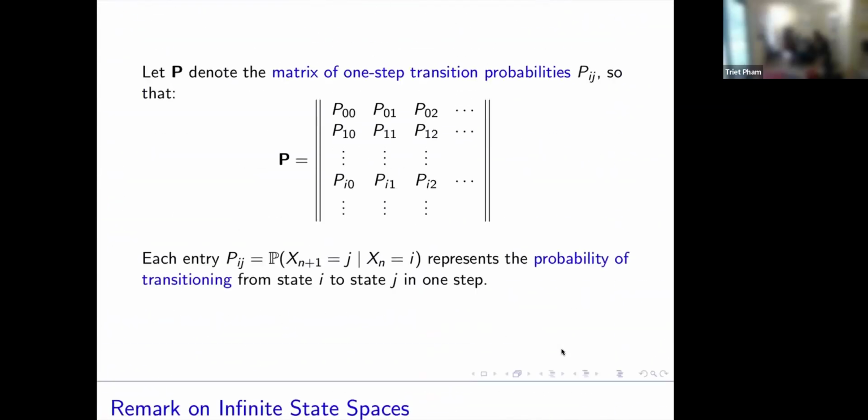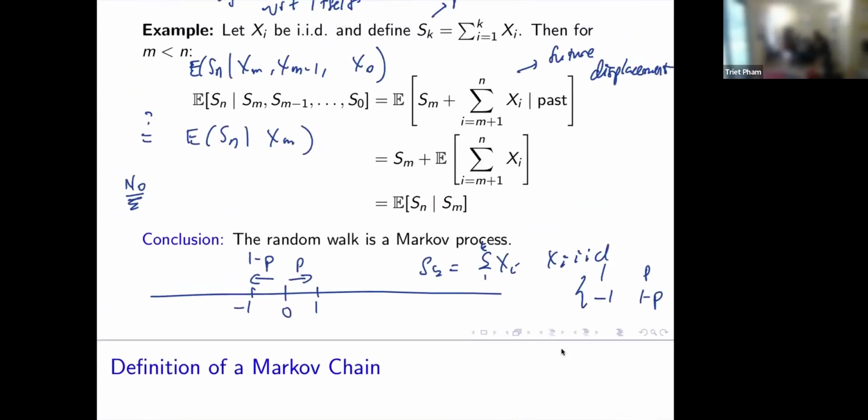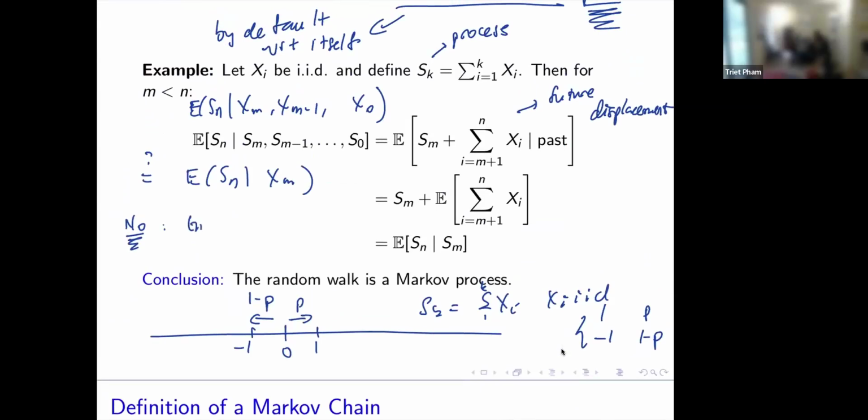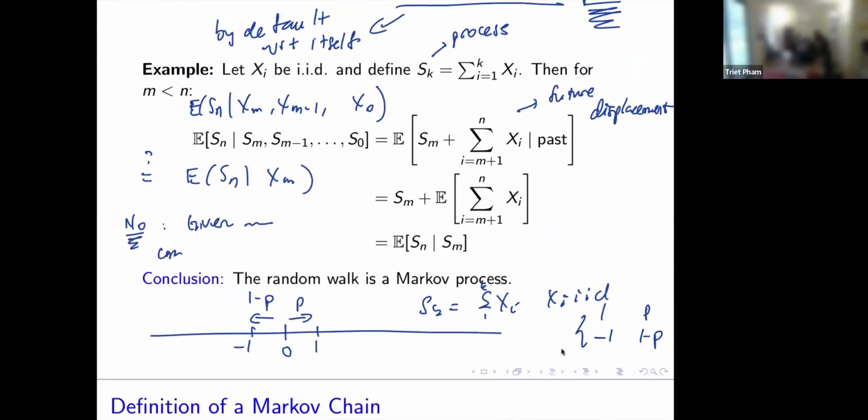But basically, something is Markov with respect to something else if given whatever the information, you need to be able to completely determine the behavior of the future state. Okay. So emphasis on completely.